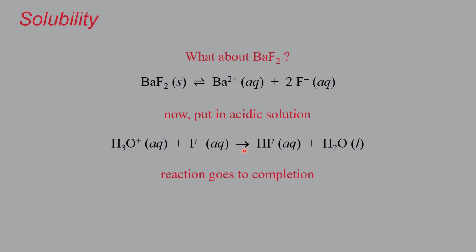And that's because this reaction, the reaction of a strong acid and a weak base, essentially goes to completion. And so that continual depletion of the fluoride is going to cause the barium fluoride to be continually dissociated, which will result in a higher than expected barium ion concentration, just like it did for the magnesium.